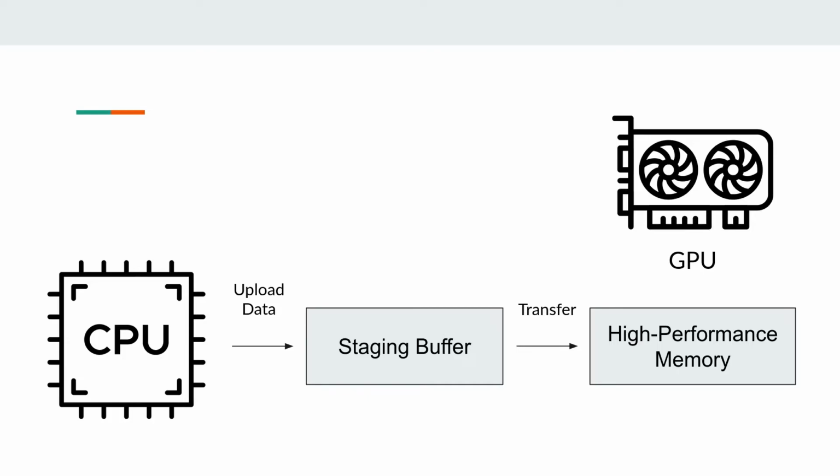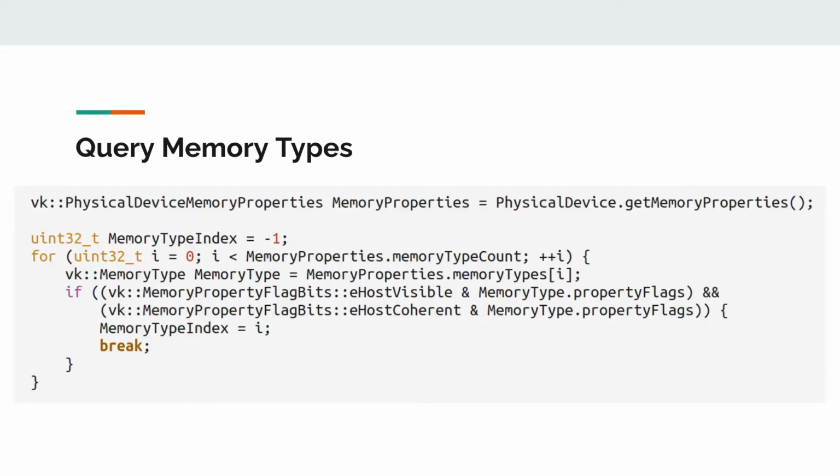Both the GPU and the CPU would have access to this staging buffer, and thereby you could easily upload your data from the CPU, and finally you could transfer the data from staging buffer to high-performance memory. But for this minimal example, this approach will be enough.